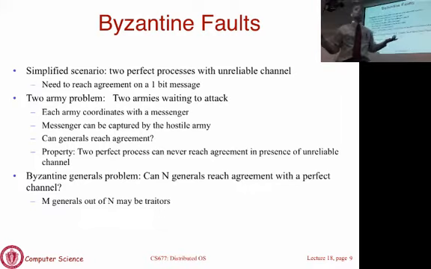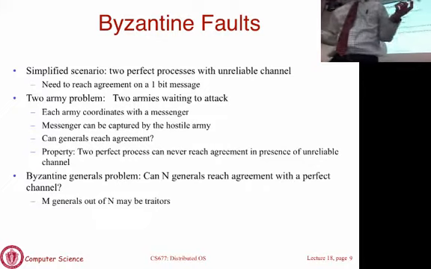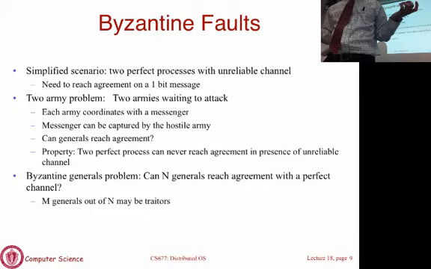Since the messenger is going through hostile territory, anything can happen. In particular, the messenger may get captured, and you may send a bad messenger to the other end with the wrong message, or the messenger may reach successfully. So the question is, how do the two generals know that the message they exchange was actually received successfully, and both of them know what the message is? Is that clear?